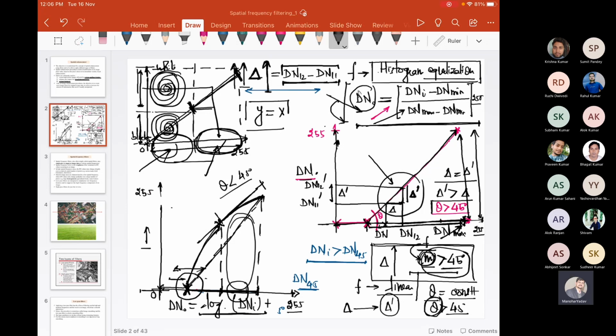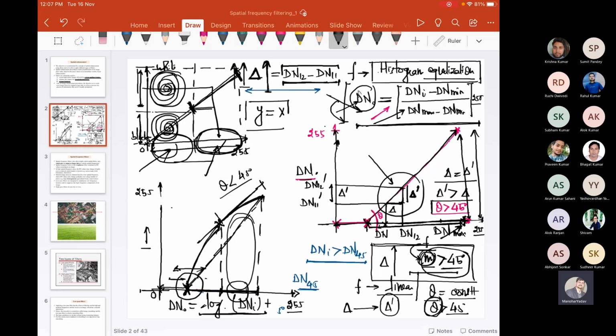We have other operators also where, in addition to the input DN number, its surrounding pixels are also considered to generate DN output. We call them local operators. In the further slides, we'll discuss local operators.